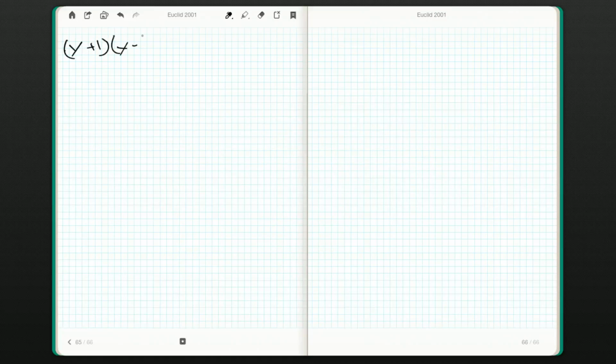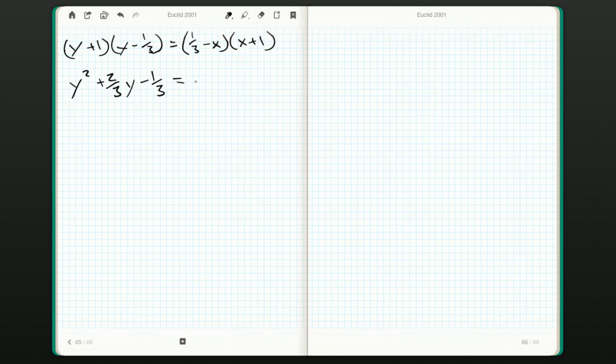So y plus 1 times y minus 1/3 is equal to 1/3 minus x times x plus 1. Don't really see this helping me much.